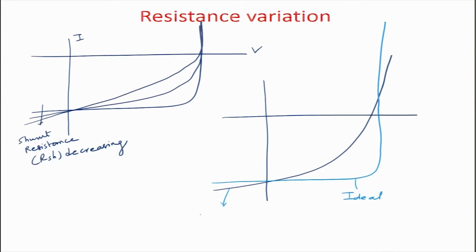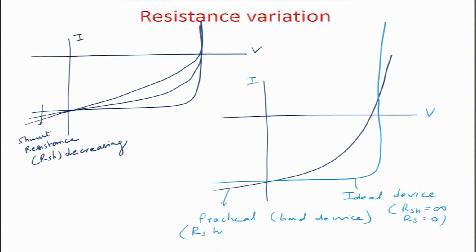This is the practical one, or rather a bad device. So, for the ideal IV, RSH is equal to infinity and RS is equal to 0. For this one, RS is high and RSH is low.